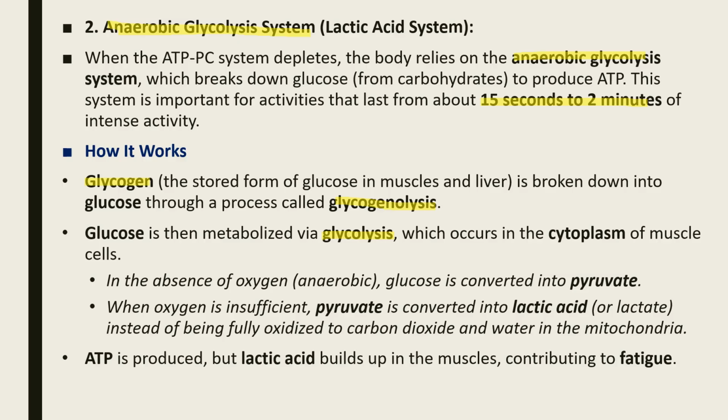In the absence of oxygen for aerobic respiration, glucose is converted into pyruvate, and when oxygen is insufficient, pyruvate is converted into lactic acid. That's why it is known as lactic acid fermentation. ATP is produced, but lactic acid builds up in the muscles, contributing to fatigue. So you will feel fatigue after the activity.